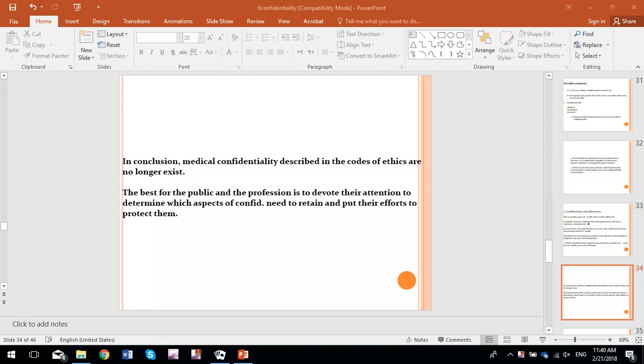Now, the best course for the public and the profession is to devote their attention to determining which aspects of confidentiality need to be retained and put their efforts into protecting them. At the end, we focus only on certain information that needs to be kept, and we put our best effort into protecting it.